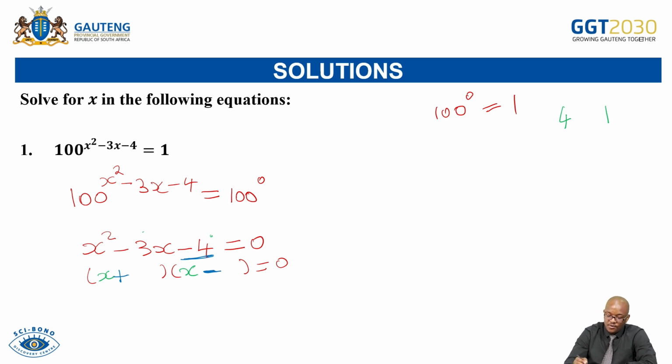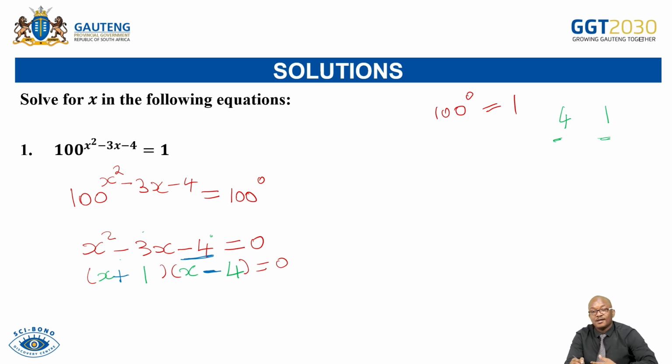But now, when you're looking at 4 and 1, the middle sign is negative. It means the bigger number will take the sign of the middle term, which is 4. And that's how basically you factorize. Then we apply what we call the zero factor rule.